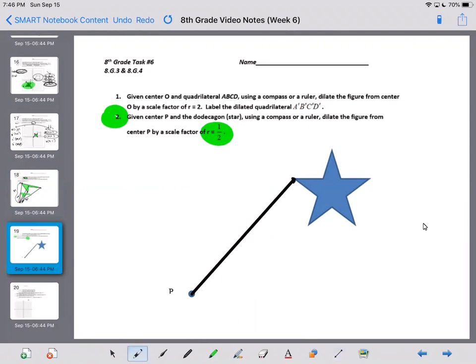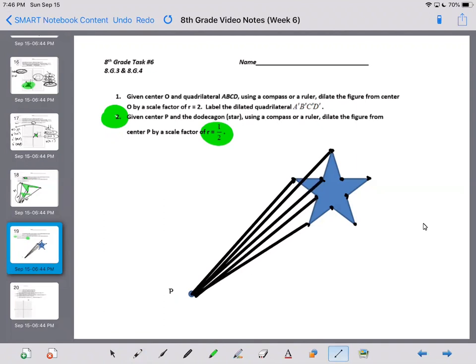So each of the endpoints of the star. And I would ask you to measure that, and then divide that measurement in half. So divide it by 2. And so you would do that for each measurement. And each measurement, you're going to find the halfway mark.